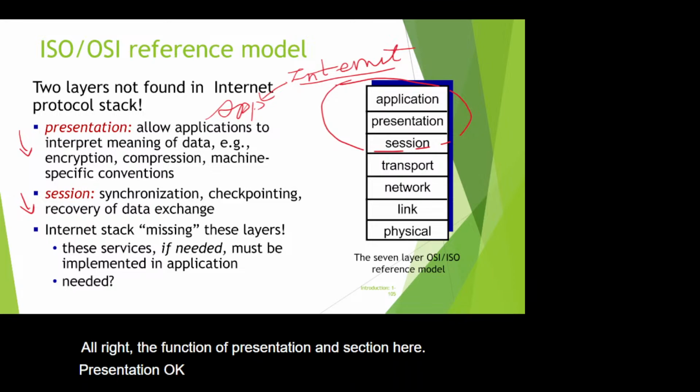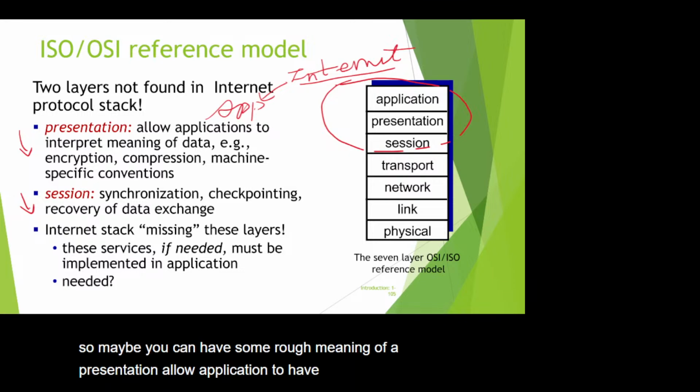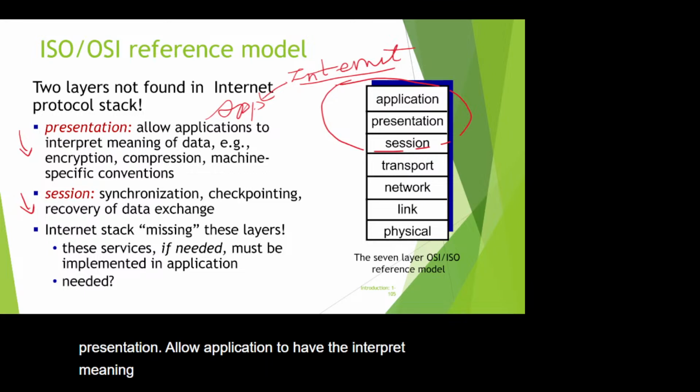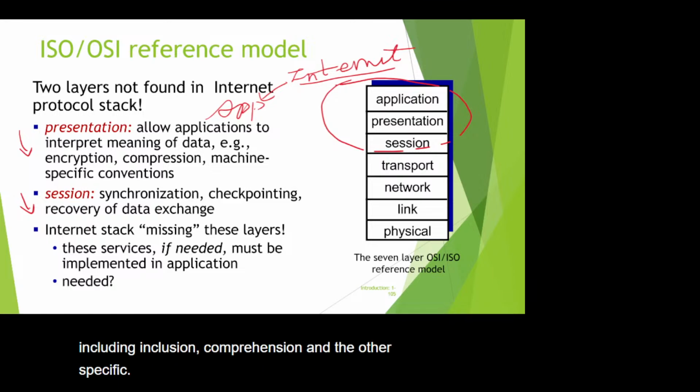If I ask you to have a presentation, maybe you can have some rough meaning of a presentation. It allows applications to interpret the meaning of data. So you need to show what the meaning of something is, including inclusion, comprehension, and other specific conventions. So this is the function of the presentation layer.